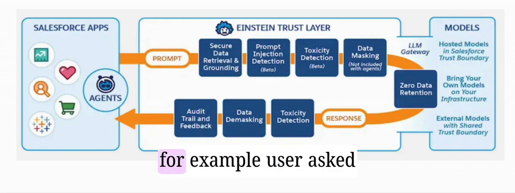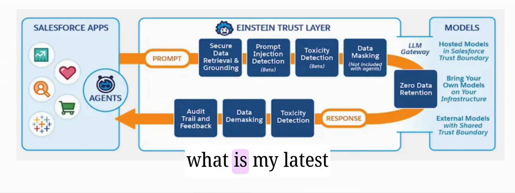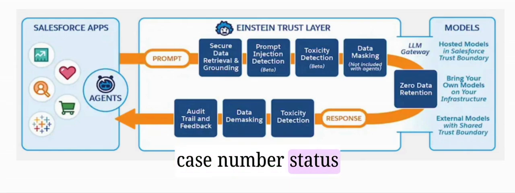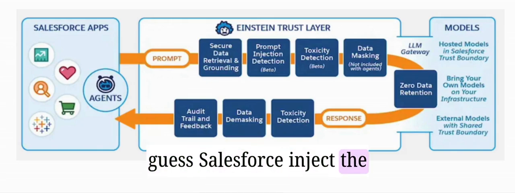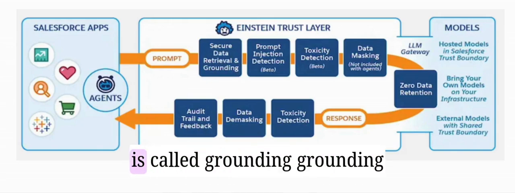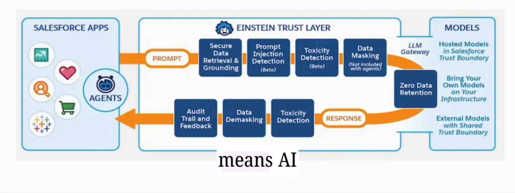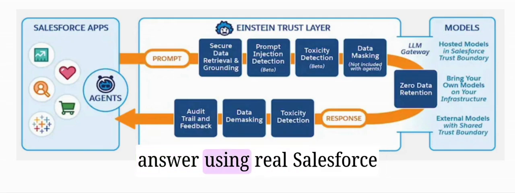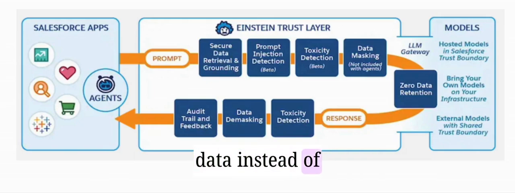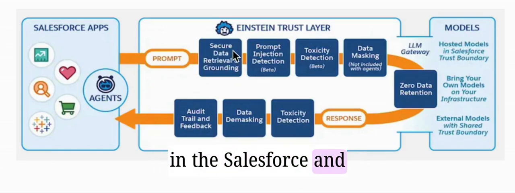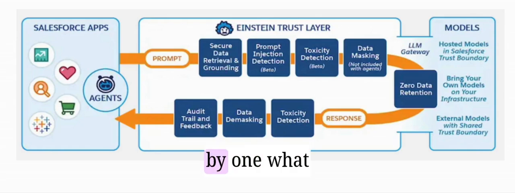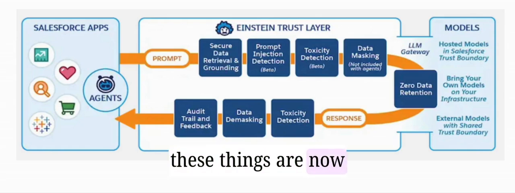Suppose, for example, the user asks what is my latest case status. Salesforce already knows the case number, status, and priority. Instead of making AI guess, Salesforce injects the real CRM data. That is called grounding. Grounding means AI answers using real Salesforce data instead of hallucinating. You will hear the term hallucination a lot in Salesforce, and I'll tell you one by one what these things are.